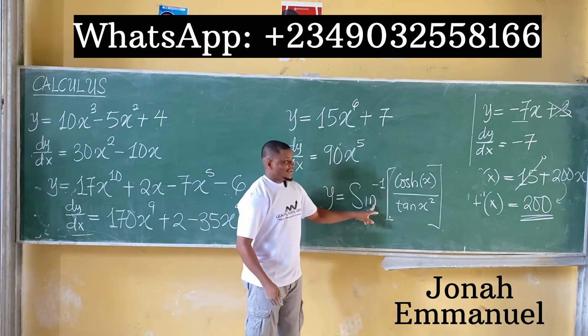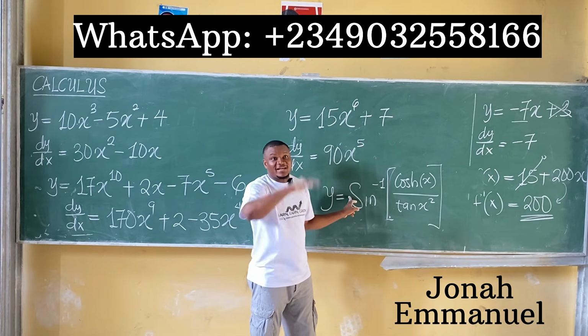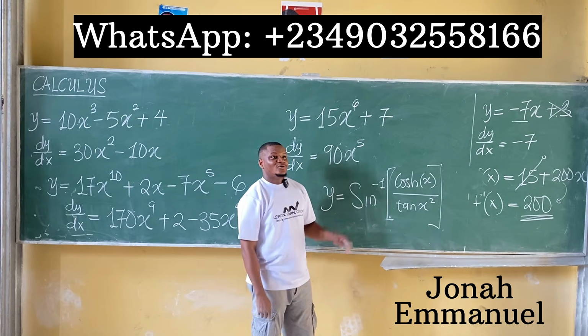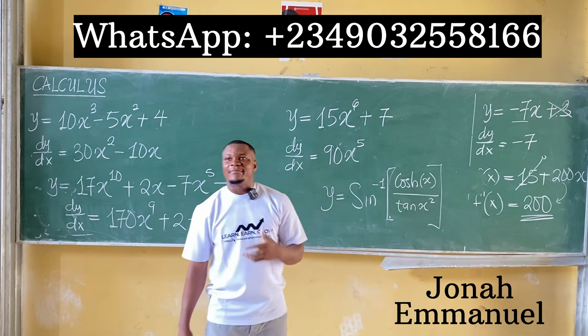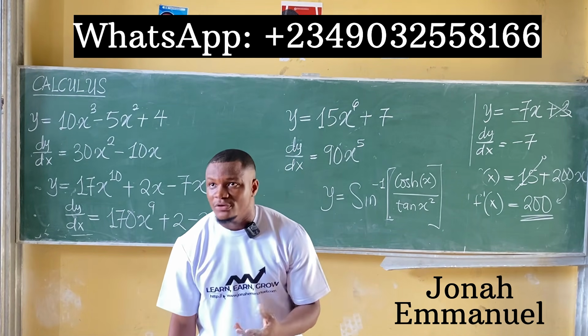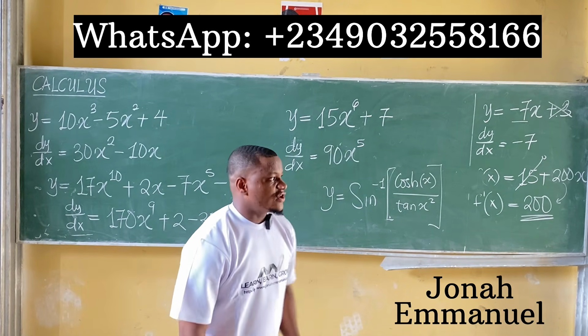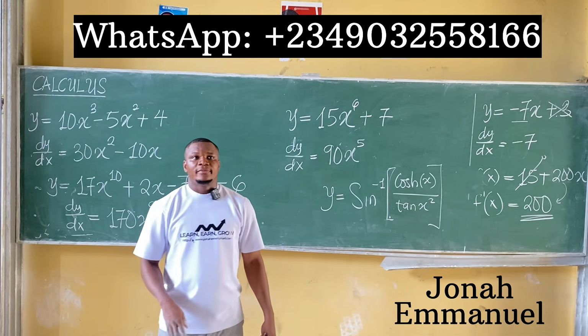If you come here and say 1 times this, even your conscience will tell you that you're wrong. So the reason why we have several methods is because some methods are not suitable for certain questions. That's why. Let's do the second method called first principle, please.